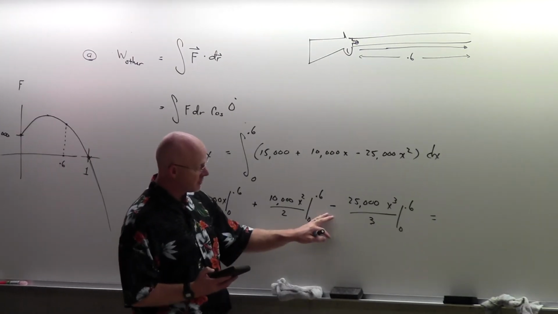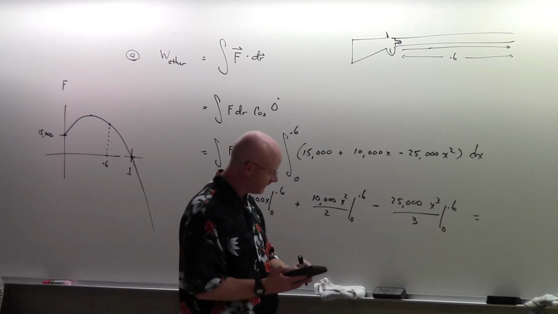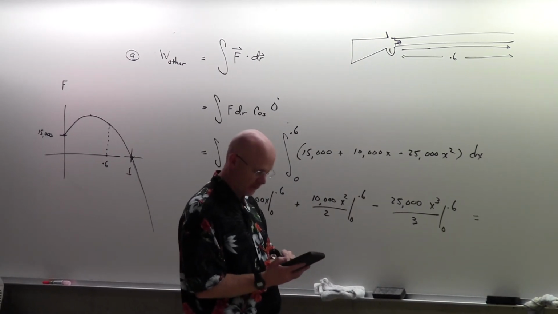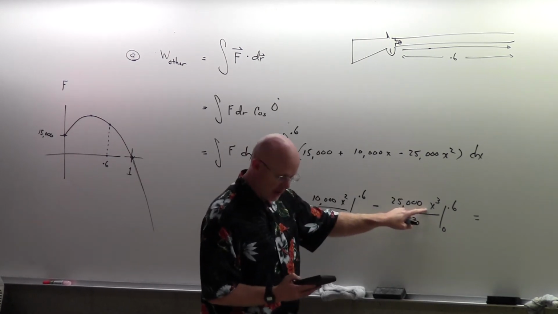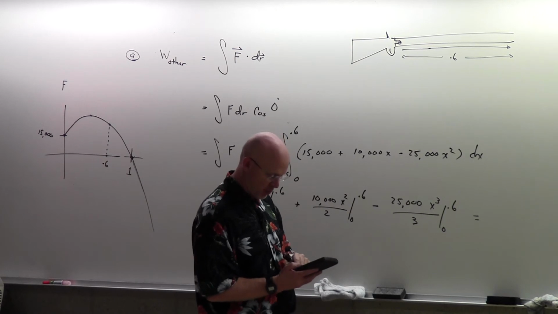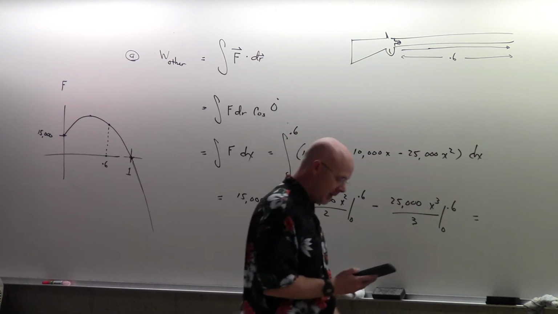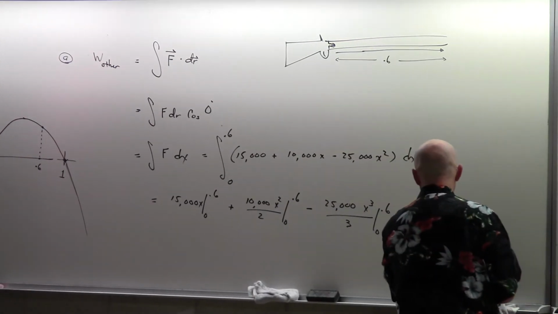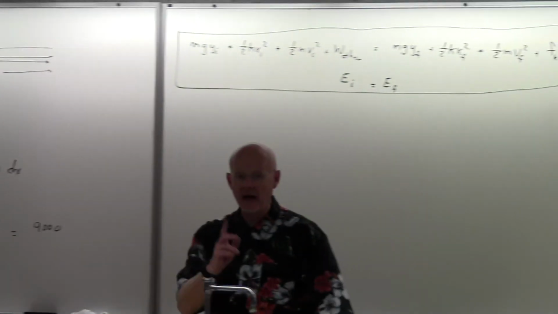Then I'm going to subtract off, I guess that would be 8,300, and then I would go times 0.6 cubed. And so I should get the number 9,000. 9,000 what?